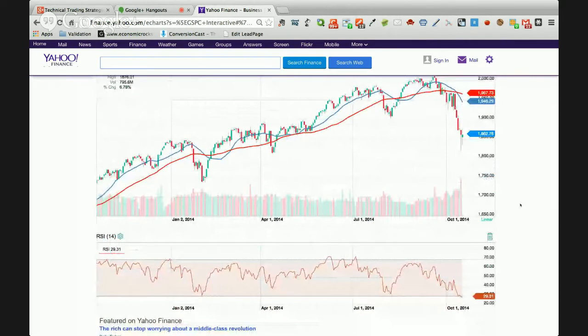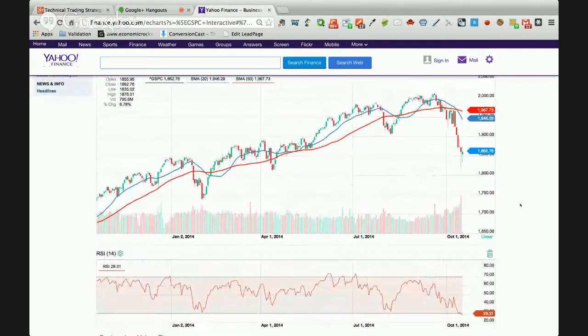Okay, and the relative strength index is pretty much a momentum indicator. It identifies whether there's momentum being built up in a stock and whether that momentum is slowing down, and if there is a turning point occurring in the marketplace.